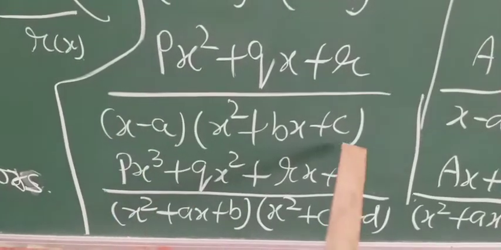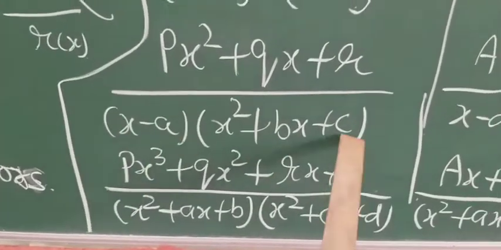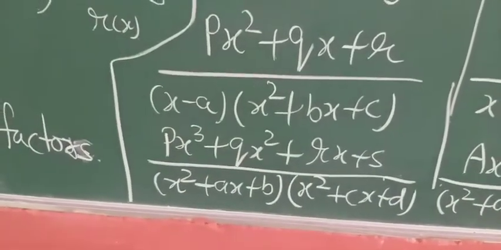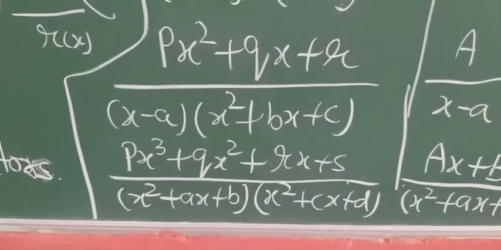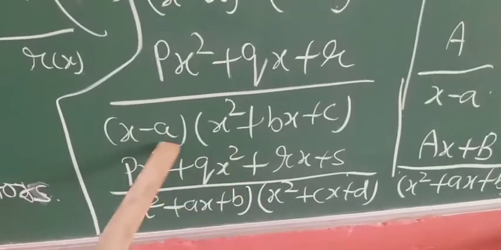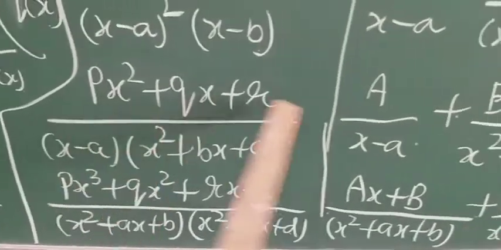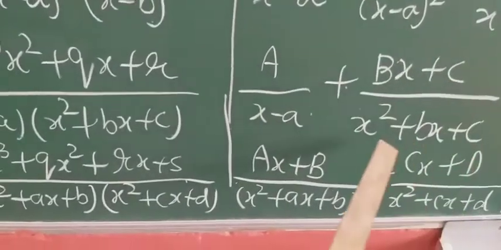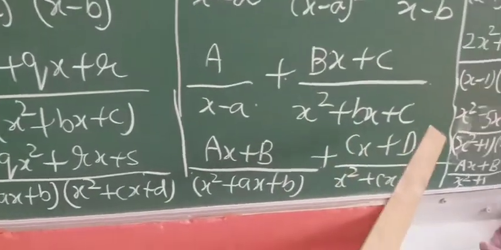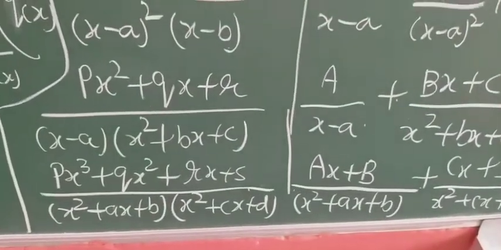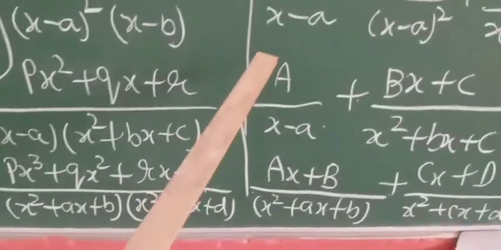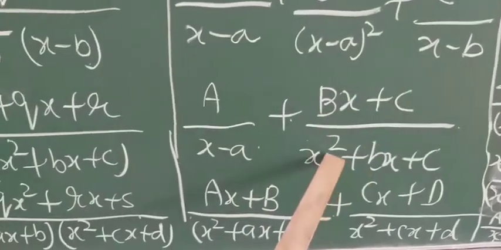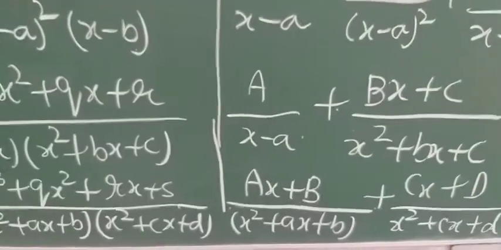So when this kind of factors are there in the denominator, how can we solve? To solve them, student, we will take a upon x minus a plus bx plus c upon x square plus bx plus c.